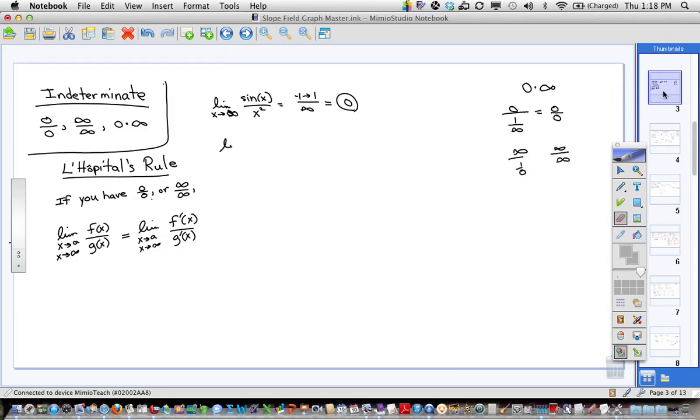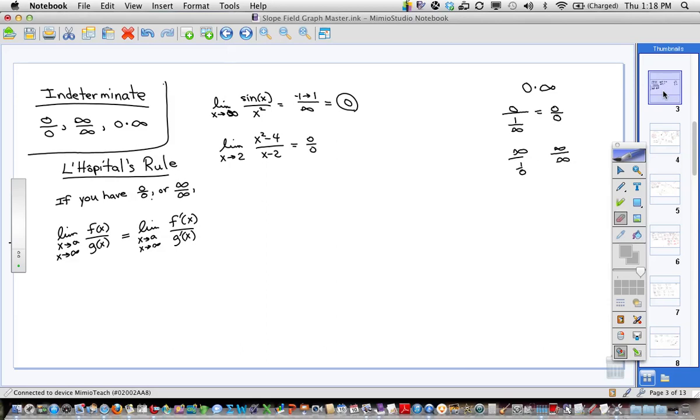All right, let's do another one. Limit as x approaches 2, x squared minus 4 over x minus 2. Okay, so you plug in a 2 and you get 0 over 0.